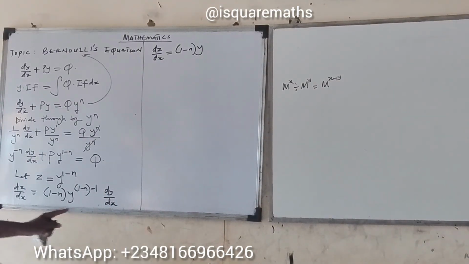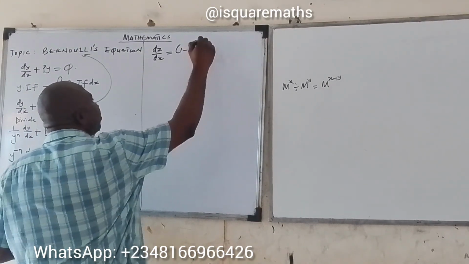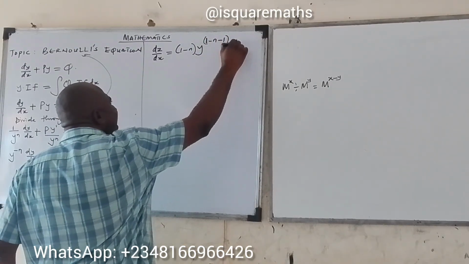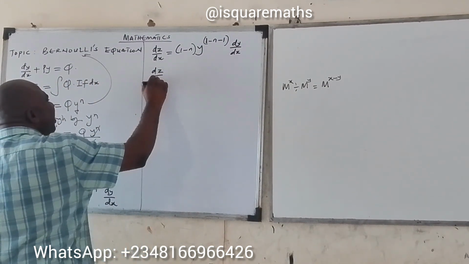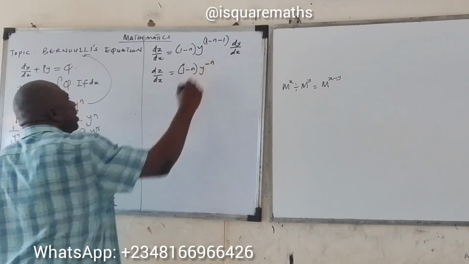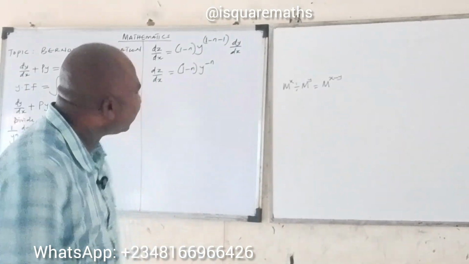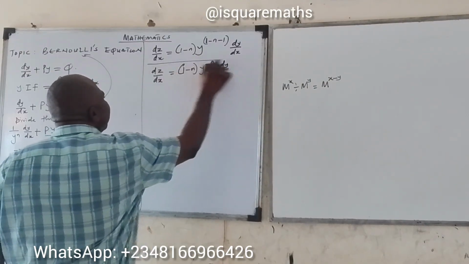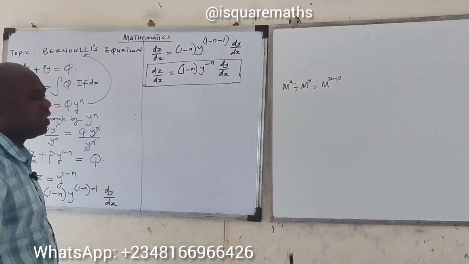So of course, this will be equal to 1 minus n, y raised to the power of 1 minus n minus 1, then dy/dx. So dz/dx will be equal to 1 minus n, y raised to the power of minus n, because those 1 minus 1 will go, and I'll be left with minus n there. Now the dy/dx, please let's take note of this. So dz/dx is 1 minus n, y raised to the power of minus n, dy/dx.